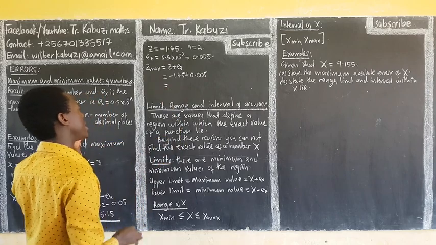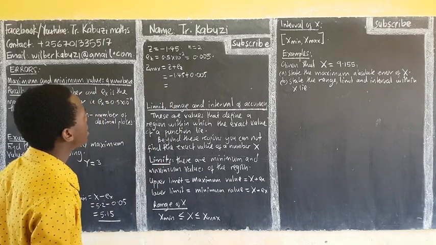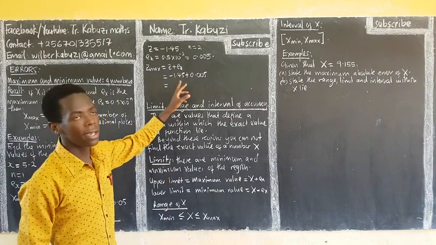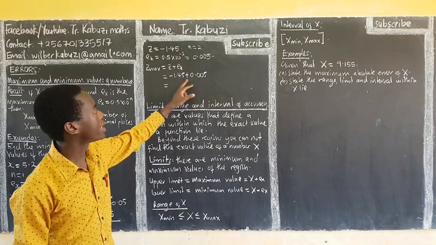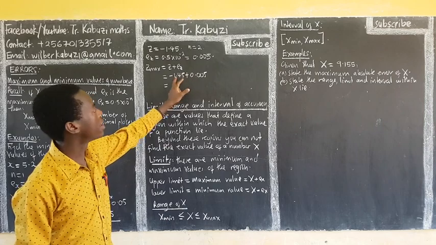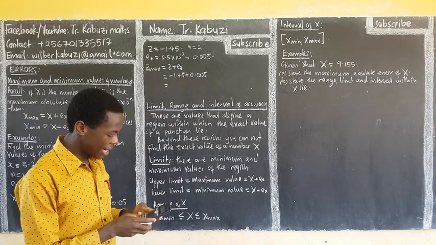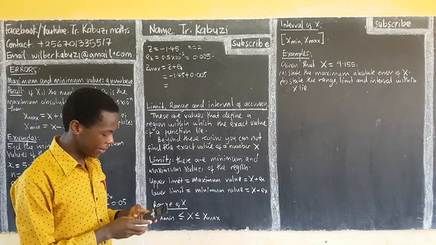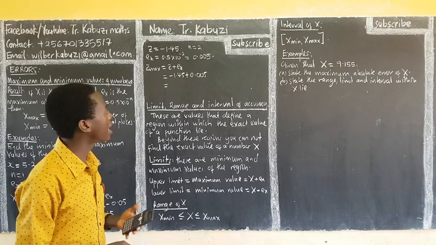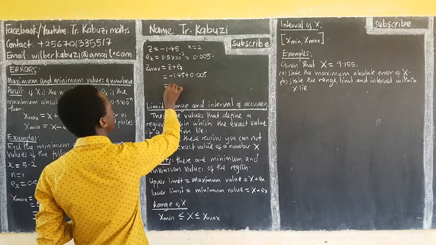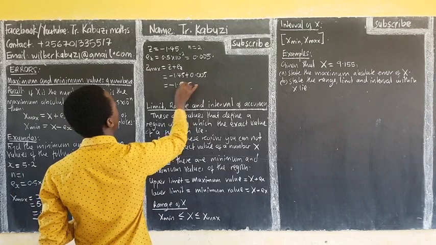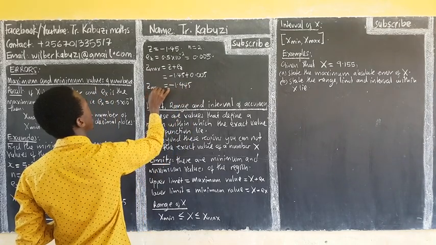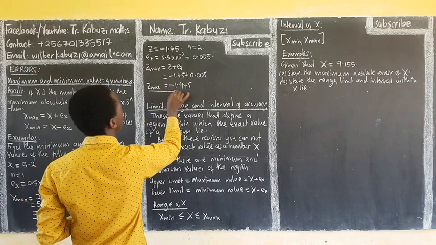So here I don't just do anything. If you don't see that, don't feel shy to get your calculator and press this value, since you are subtracting with this. You press negative 1.45 plus 0.005, and the answer here is negative 1.445. This is the maximum value of z.